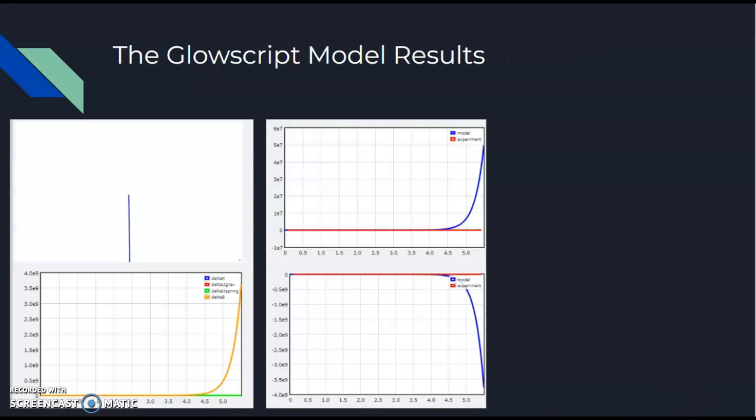Alright, so this is what GlowScript shows. This is, I guess, how the thing moves over time. Kind of weird to show in GlowScript, but we have this graph here: delta K, delta U grav, delta U spring, delta E. And then we have this part where this one goes up and this one goes down, so they're in opposite directions.